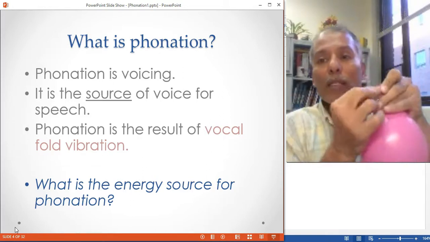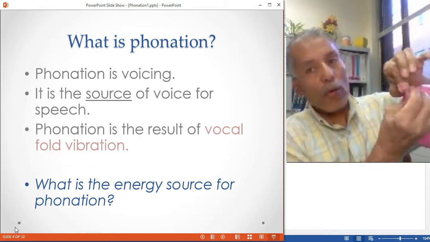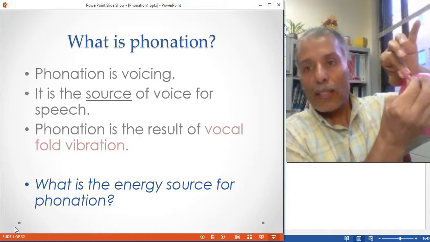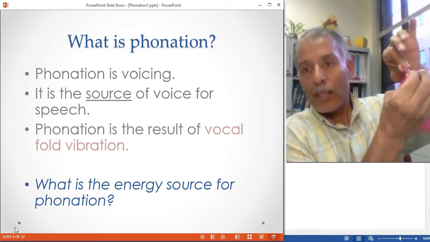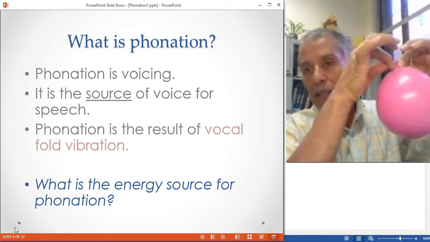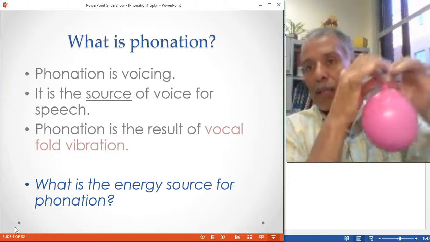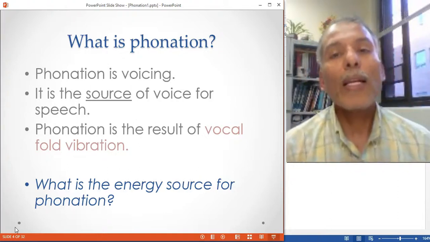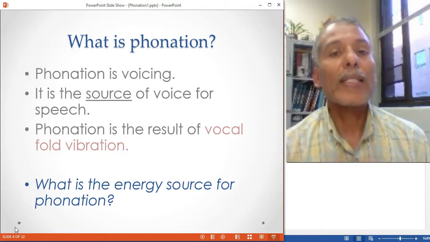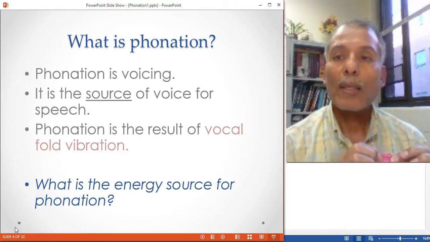So just like this. Imagine here the vocal folds, and this is what you get. So all that the laryngeal system makes is that buzz. Just that.